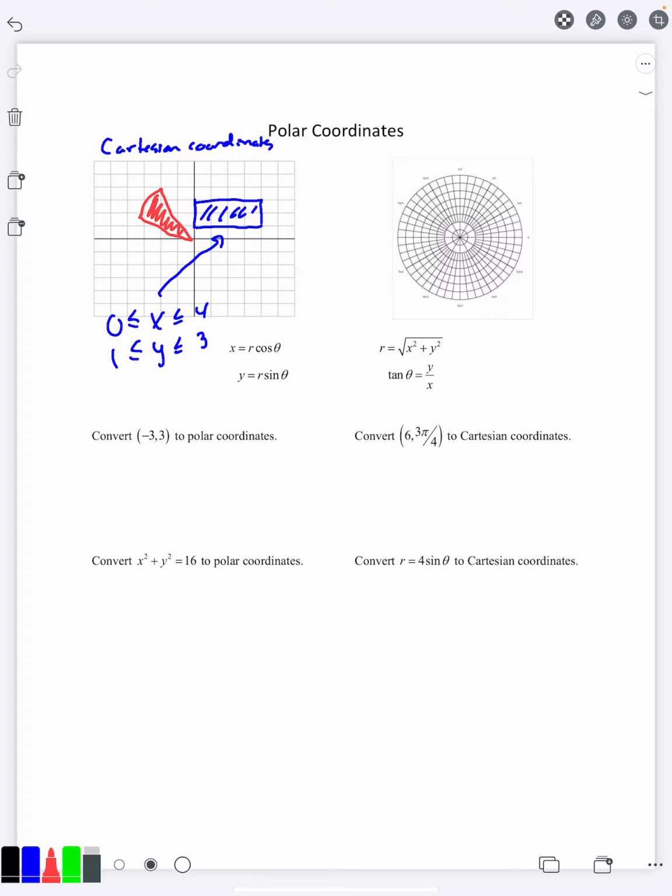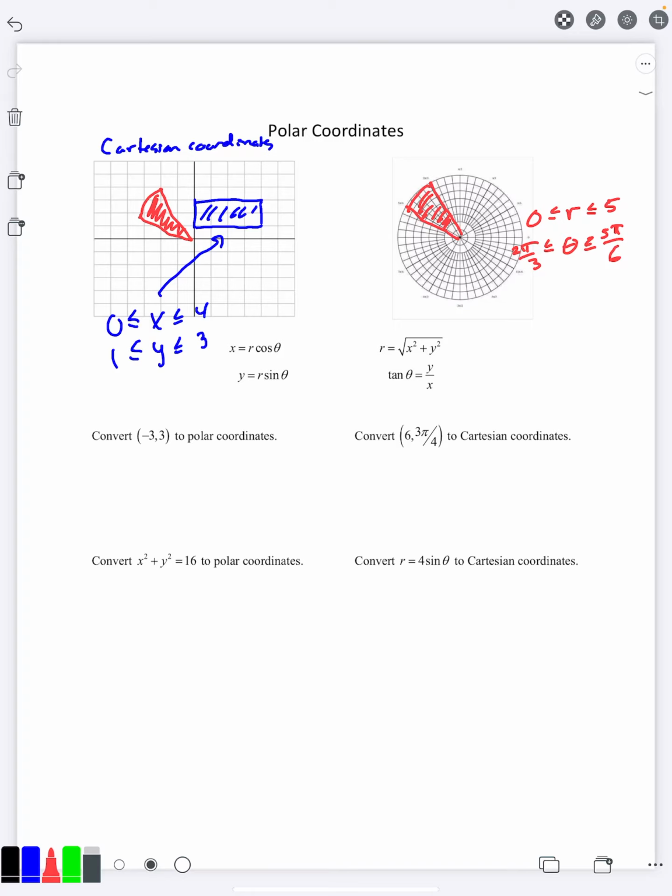However, if I want to do polar coordinates and I want to describe a shape like this, I can say it's all the points whose distance r is between 0 and say 5 or something like that. And then I want only the points whose angle is between 2 pi over 3 and 5 pi over 6.